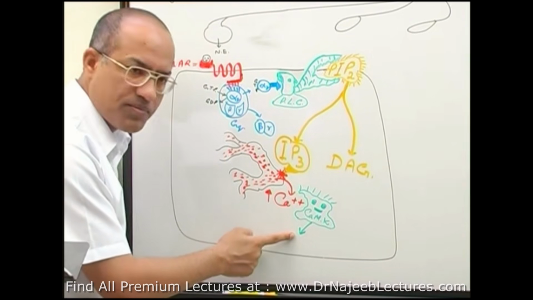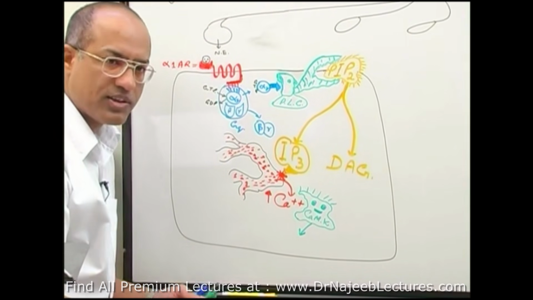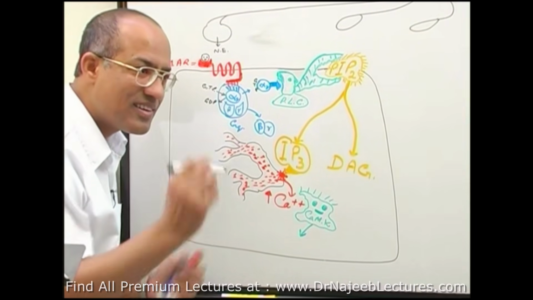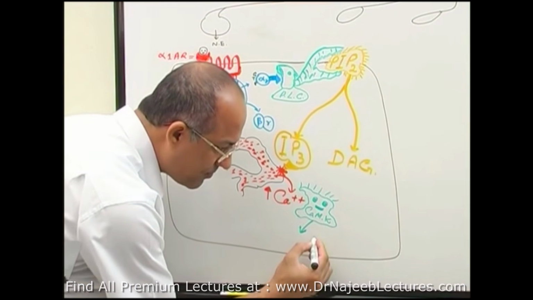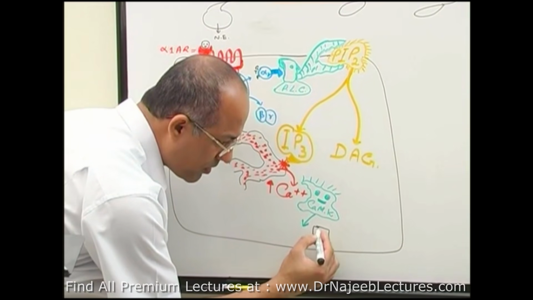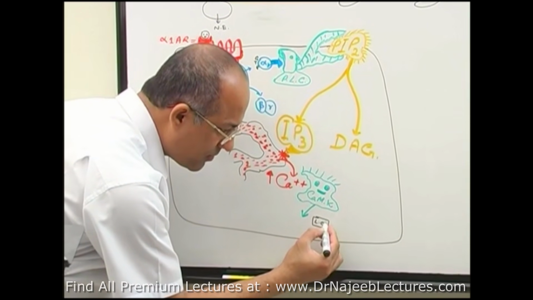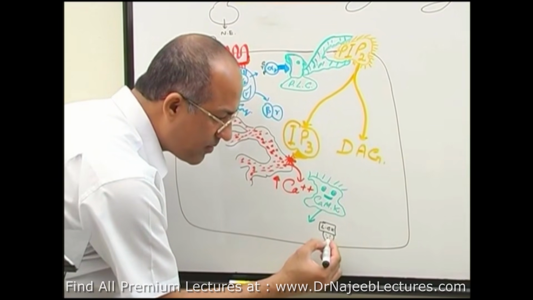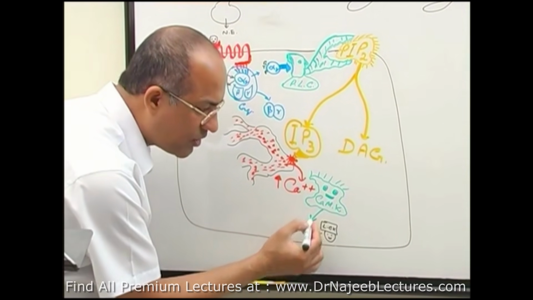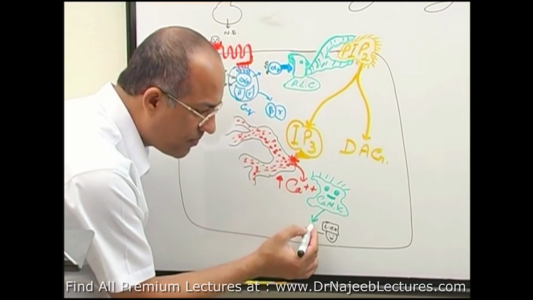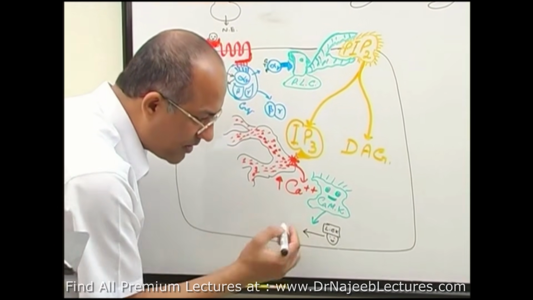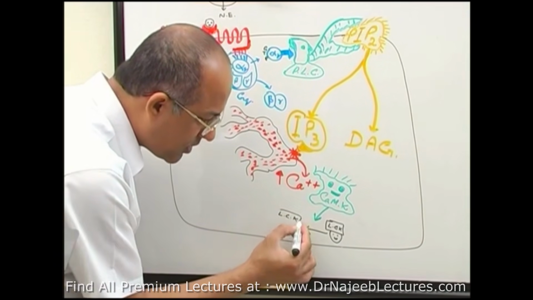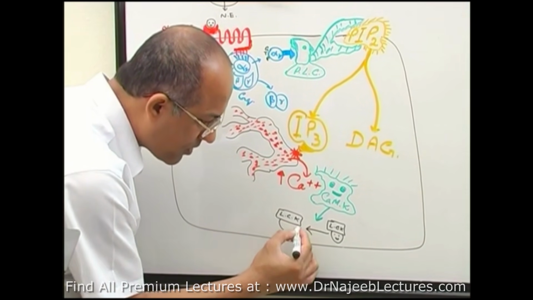So, how will it do? Calcium-calmodulin will phosphorylate light chain kinases. There is an enzyme called light chain kinases, right? And when these light chain kinases are acted upon by calcium CAM kinases, then the light chain kinases are phosphorylated.